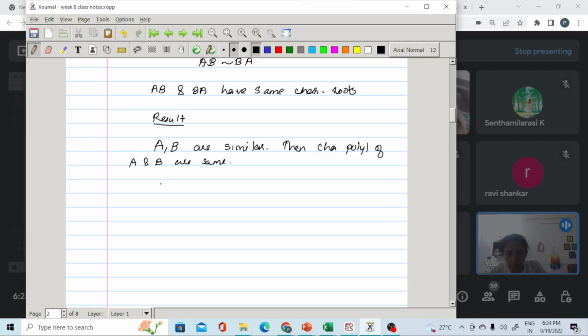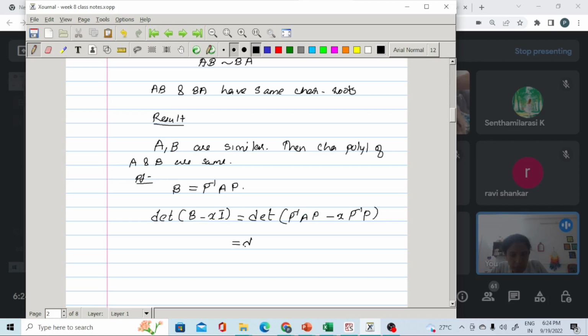Since A and B are similar, we can write B equals P inverse AP. So the determinant of B minus XI, I am considering, equals the determinant of, instead of B I am writing P inverse AP, and instead of I I am writing X P inverse P, since P inverse P is the identity matrix.